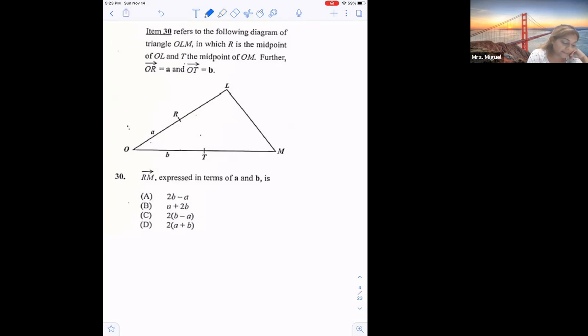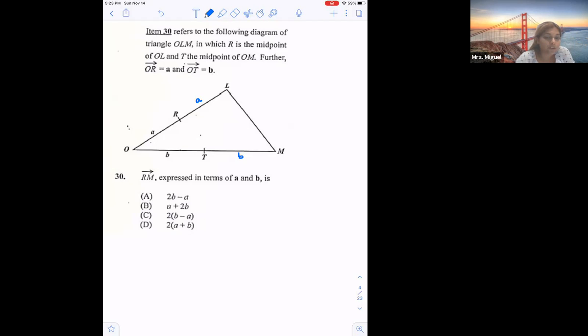We have to find, so R is the midpoint of OL. So if R is the midpoint and OR is A, RL will also be A. And if T is the midpoint of OM and OT is B, TM would also be B. Right?